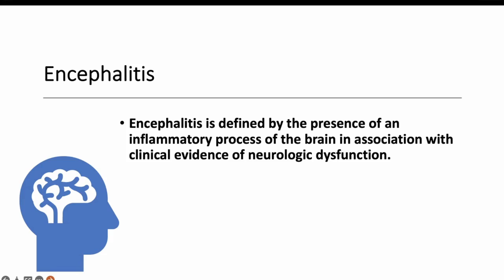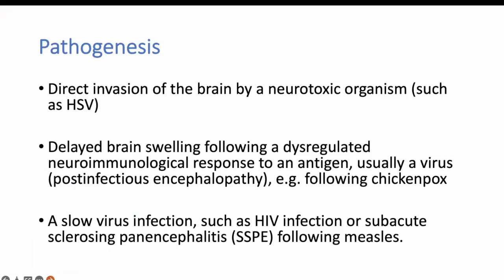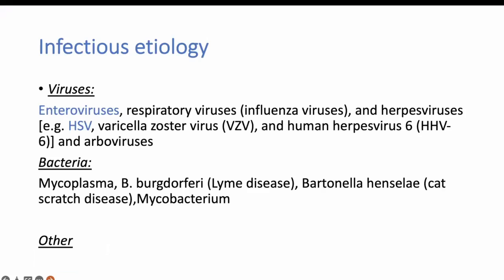So you have infections elsewhere in your body, and the autoimmune response will be triggered and cause encephalitis. So that's the usual pathogenesis, how you get encephalitis.